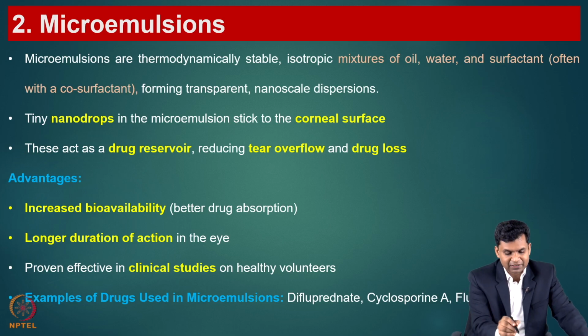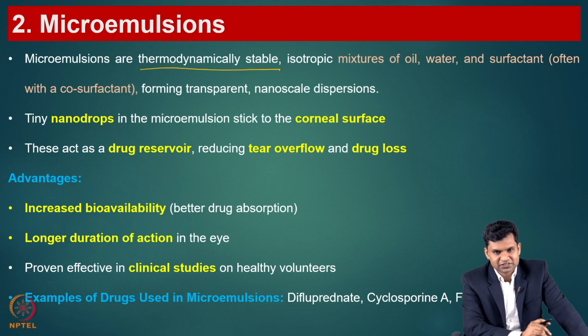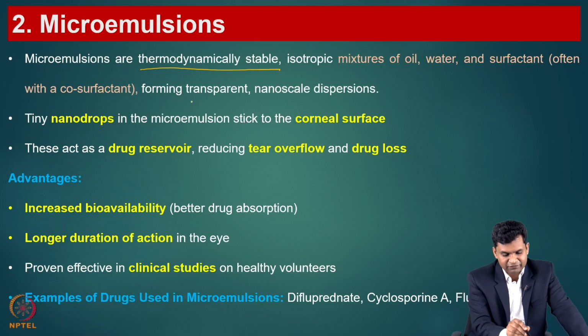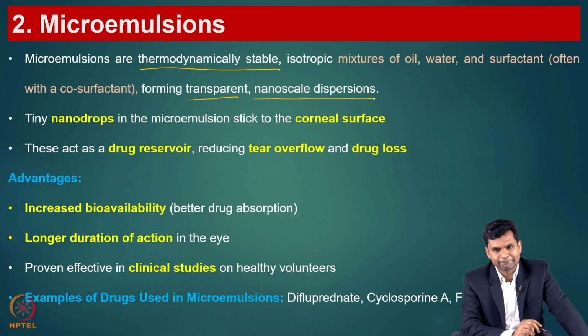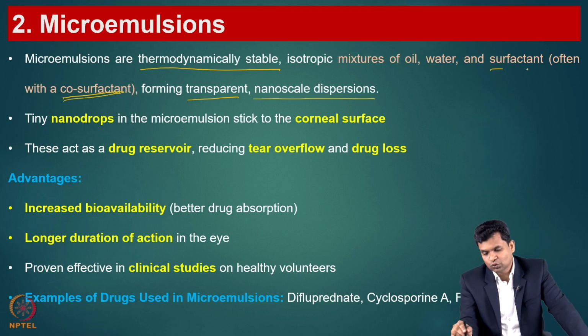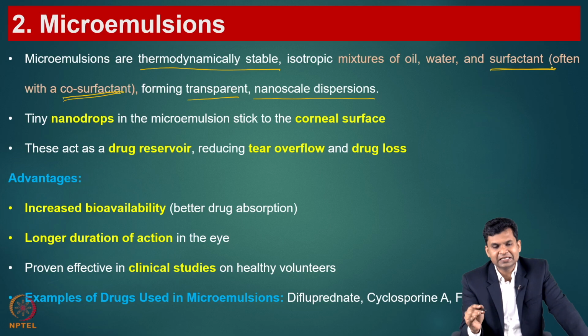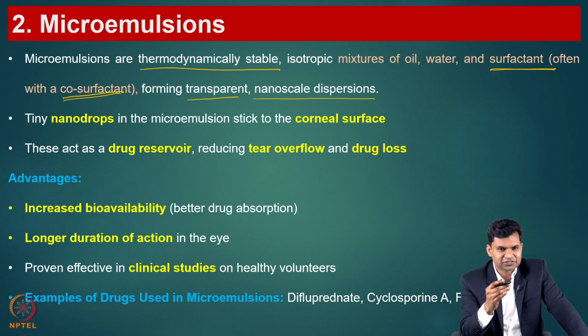So, this is stable at thermodynamic conditions, and it is a very clear solution, and when you check the particle size you will get a size range in the nanoscale. This is because of the great advantage of this combination of surfactant and co-surfactant, which gives a high reduction in interfacial tension compared with conventional emulsions.